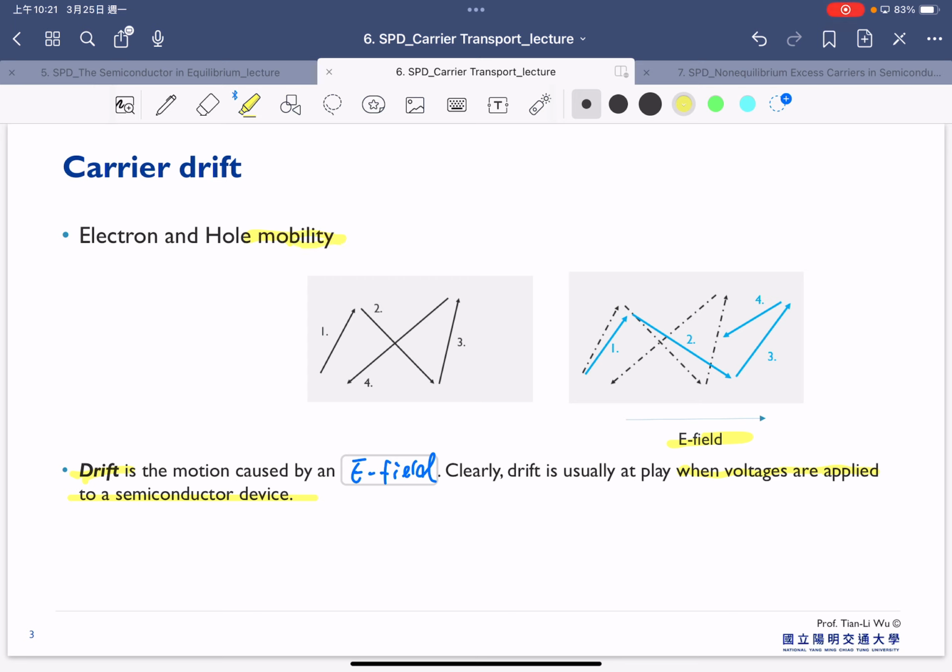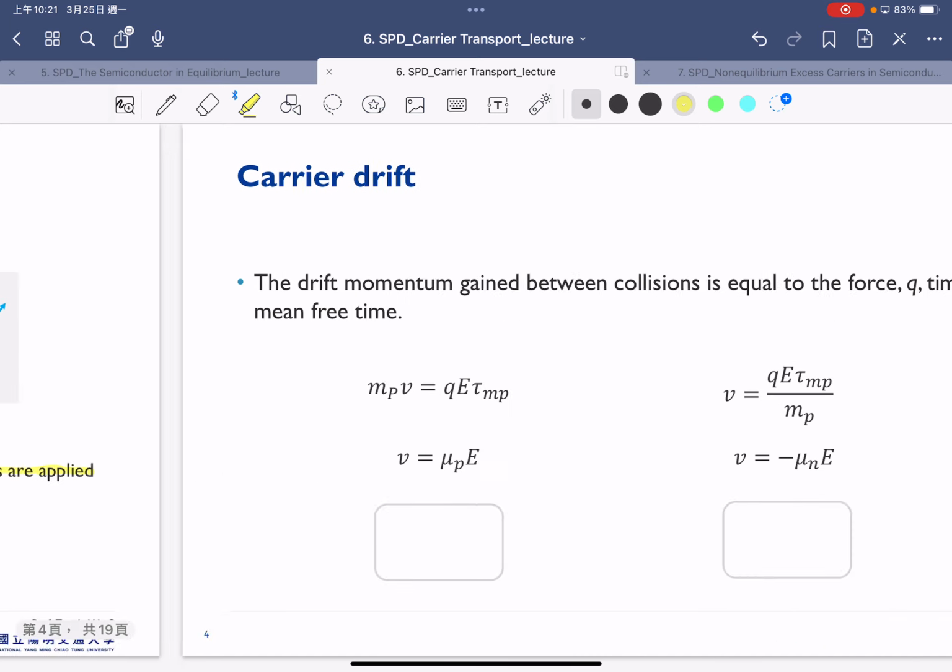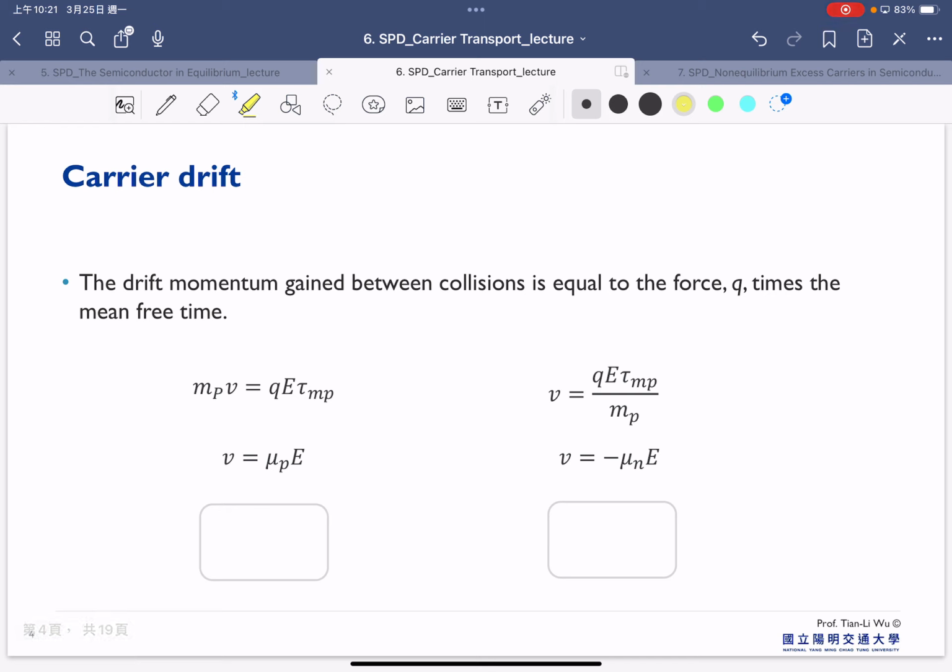We want to understand how fast the carriers can move. Once we consider the carrier drift, the drift momentum gained between collisions is equal to the force qE times the mean free time.